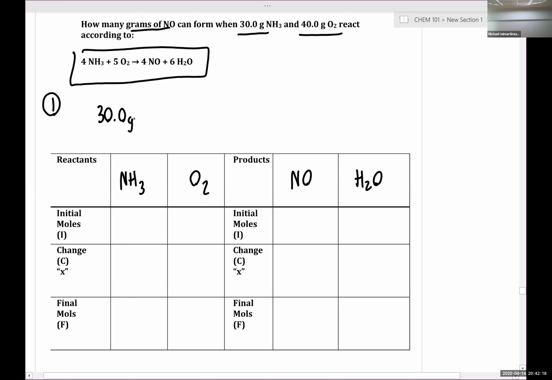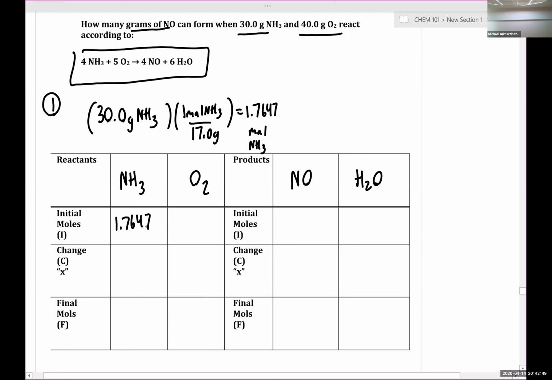We have 30.0 grams of ammonia, and in 1 mole of ammonia, we have 17.0 grams. So for our moles of ammonia, we have 30 divided by 17. That gives us 1.7647 moles of ammonia. So we're going to put that into our initial moles column.